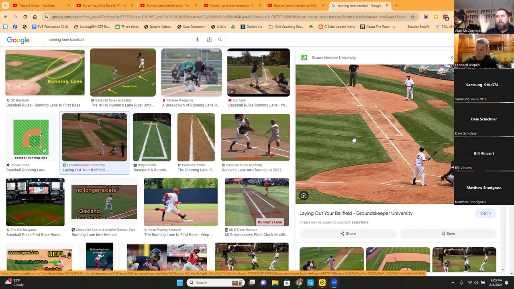He runs straight down, he's left of the foul line, the catcher throws a strike to first base, and you call him out and just move on with life, right? But in that situation, as long as he's reached halfway up the line, technically you have a running lane violation. But why the hell would I call that when I'm just going to get yelled at because nobody's going to understand? He was out anyway, so kind of ignore it. You've got to be ready to call it, though.